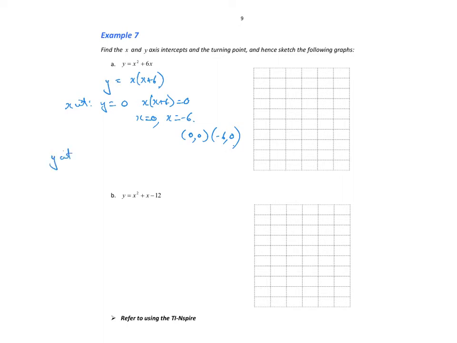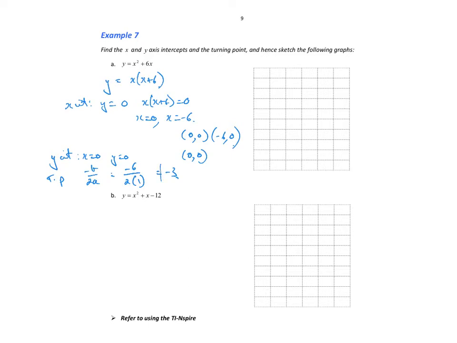Y-intercept, put x equal to 0, I get 0, which is what we expected. And now my turning point, well, I can get my turning point by a number of ways. I might actually just opt for the turning point being at minus b on 2a, which is equal to negative 6 over 2 times 1, which is negative 3.